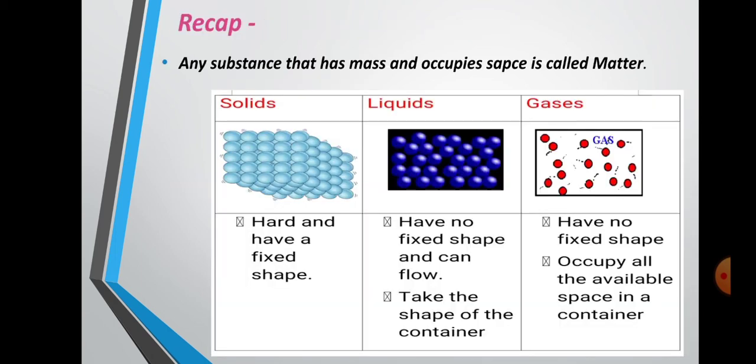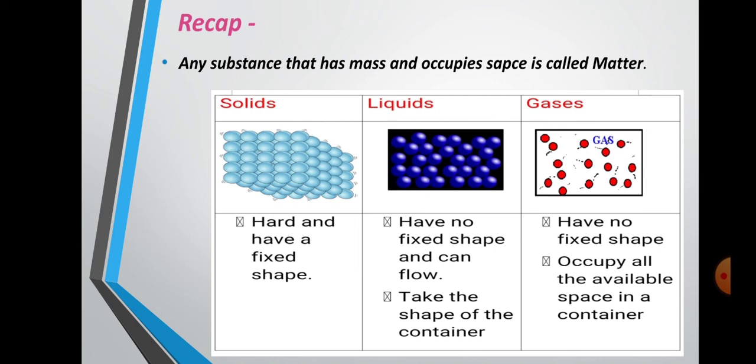Let's summarize what we have learned. Any substance that has mass and occupies space is called matter. Solids are substances in which the particles are packed very close to each other.